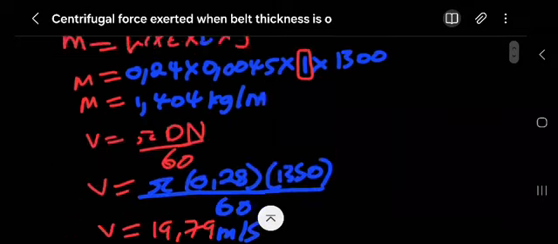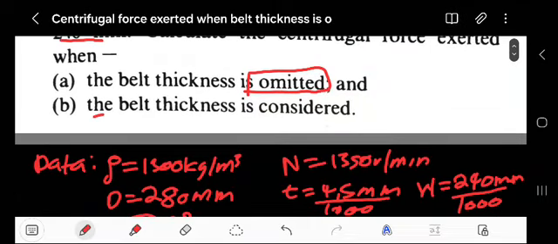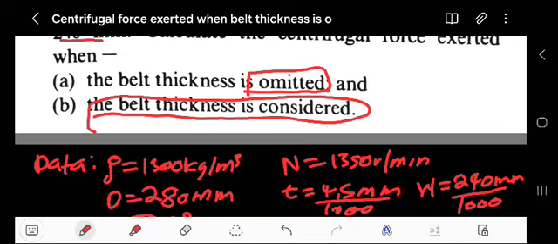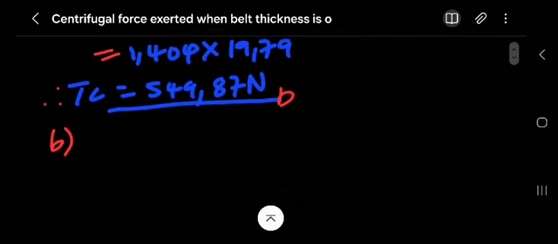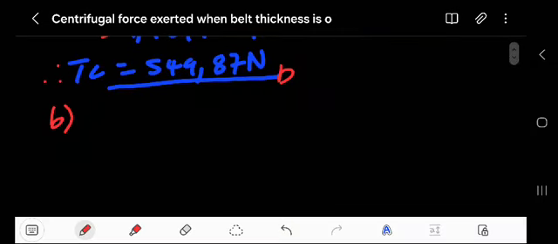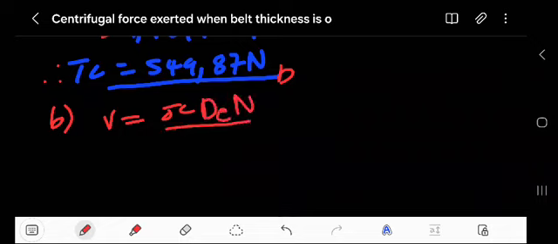For B, the belt thickness is now considered, so the velocity is the only thing that will change. The velocity is pi multiplied by the effective diameter multiplied by N over 60.